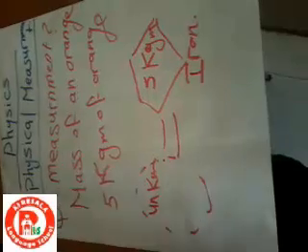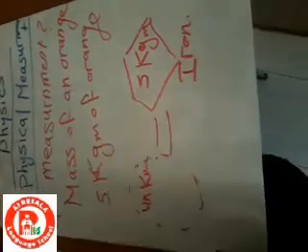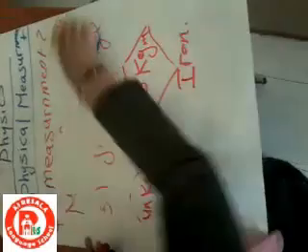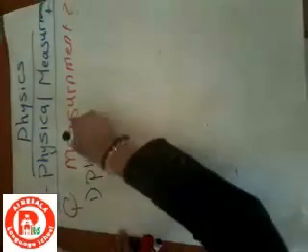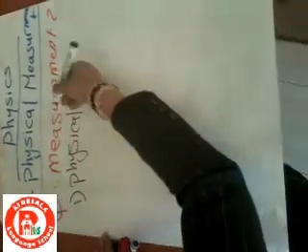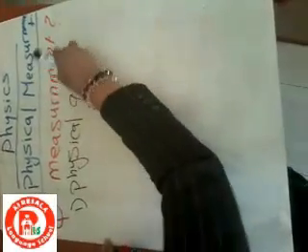I have to know 3 main points to express the measurement of anything correctly. Number 1, I need something called the physical quantity.